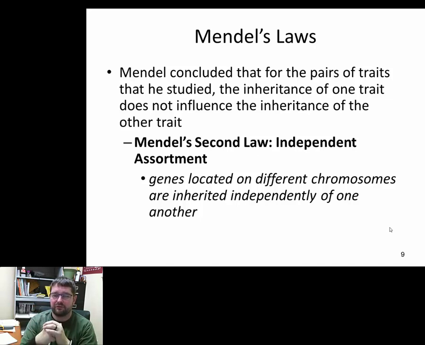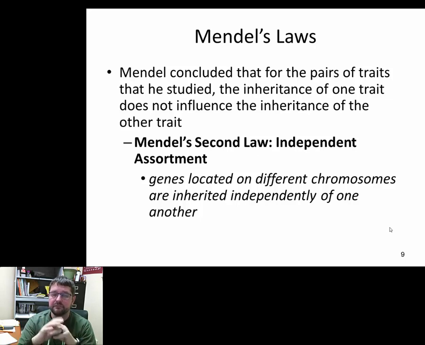This is true. We know that. You only inherit either dad's chromosome number 1 or mom's chromosome number 1, which means that you would inherit the genetic material on that chromosome independent of each other. And so that's where Mendel's laws come into play. It really has to do with chromosomal inheritance.